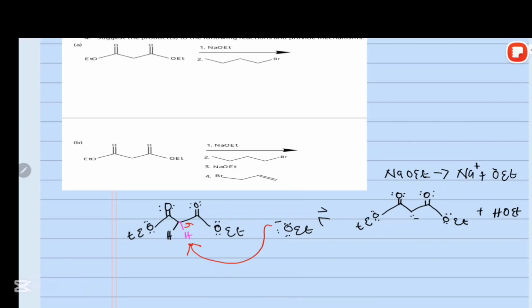Now we'll dive into the second step. In the second step, we're going to get an alkyl halide, in this case 1-bromobutane, with carbons 1, 2, 3, 4.